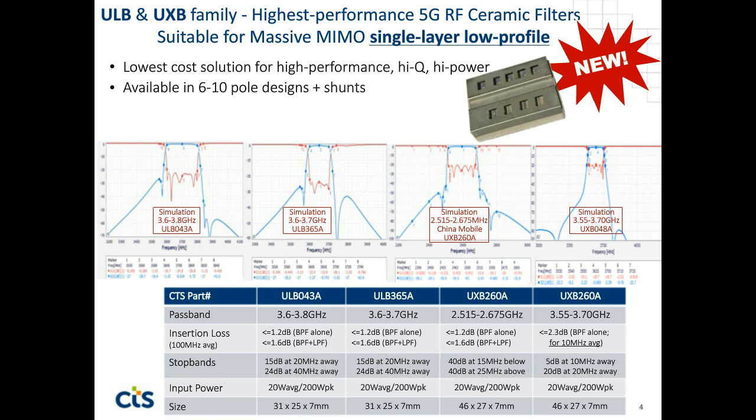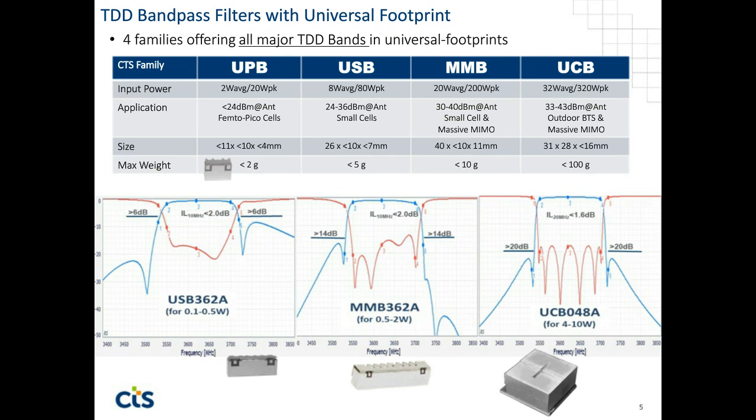On this slide, we are showing 4 universal footprint families of TDD bandpass filters. In each family, we support all of the major TDD frequency bands that you would need, whether it's 3G, 4G, or 5G applications.